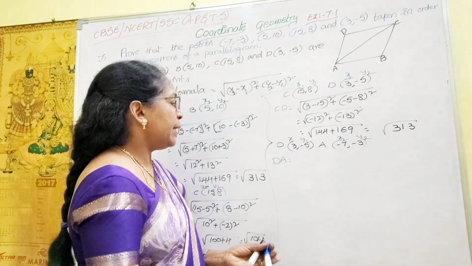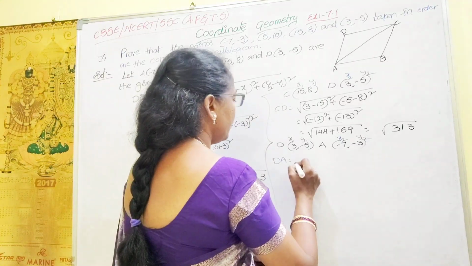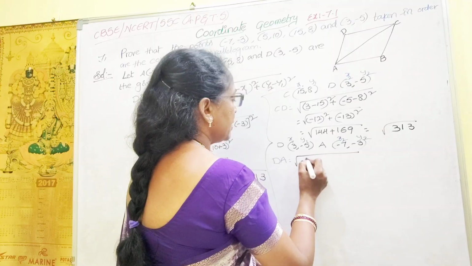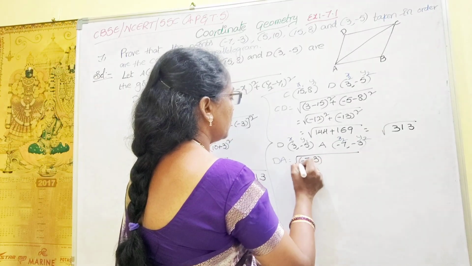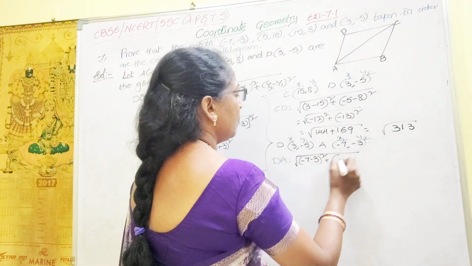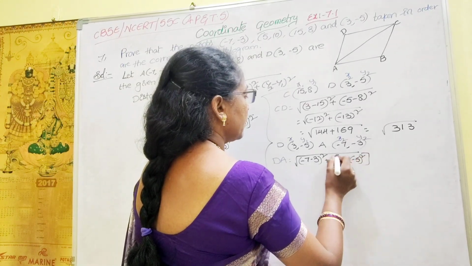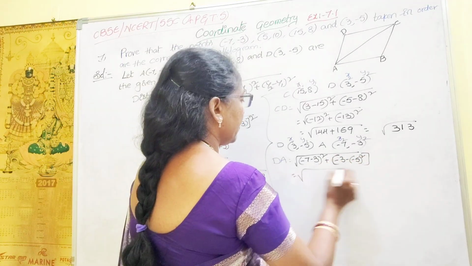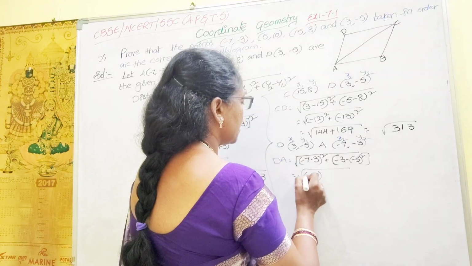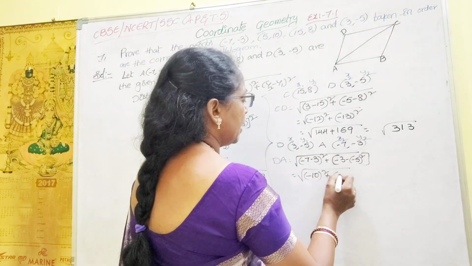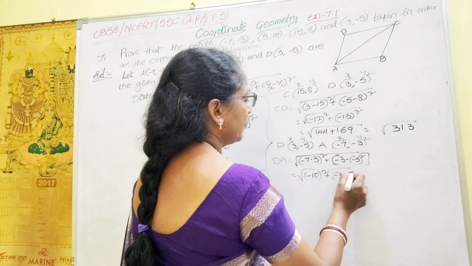So DA equals square root of x2 minus x1, minus 7 minus 3 whole square, plus of minus 3 minus of minus 5 whole square. That equals square root of minus 10 whole square plus of minus 3 plus 5 whole square.